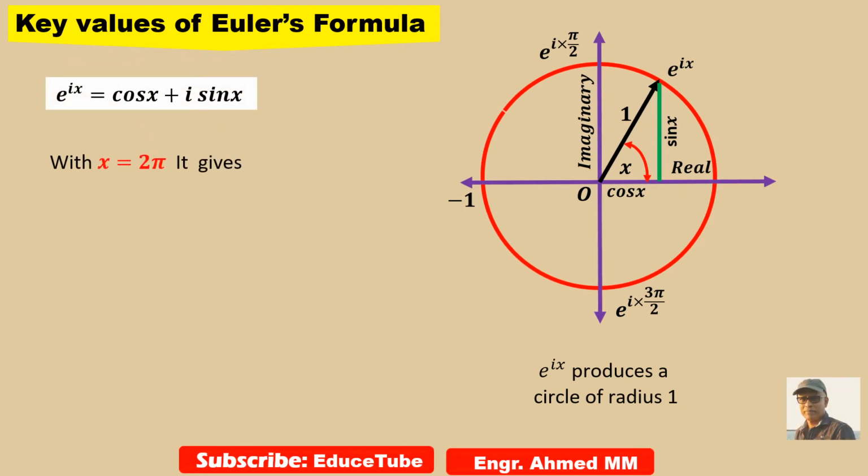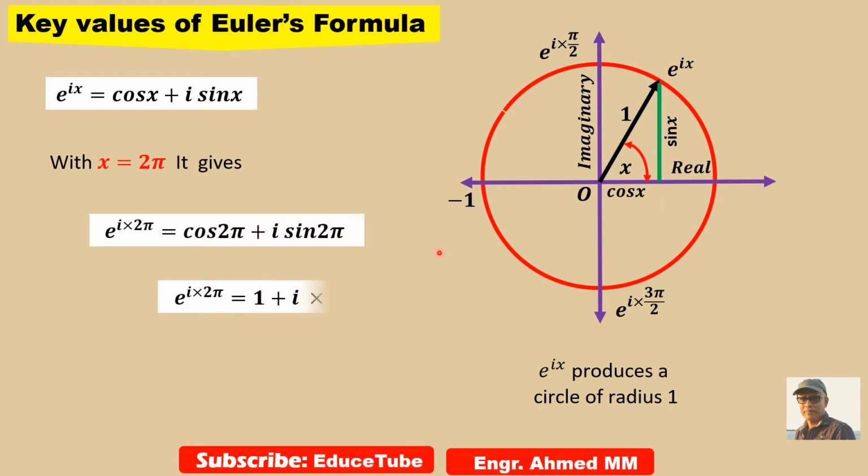So same formula, Euler's formula. Before we kept x equal to π, now we are putting x equal to 2π. It is here. As well x equal to 0. It gives the same value. So what does it give actually? Look at, we got cos 2π + i sin 2π.